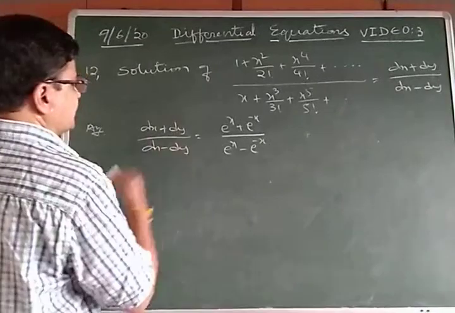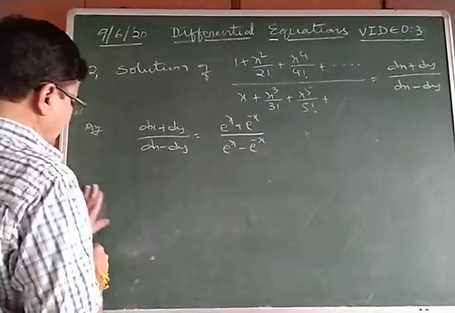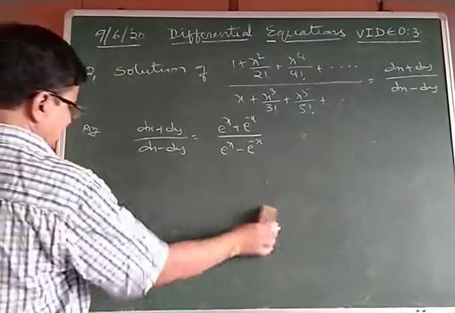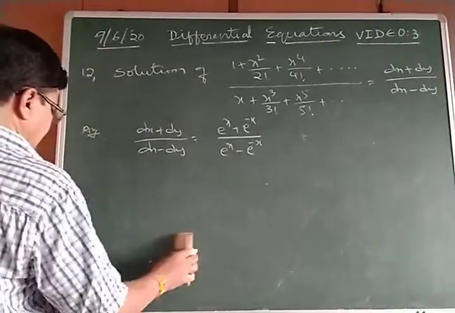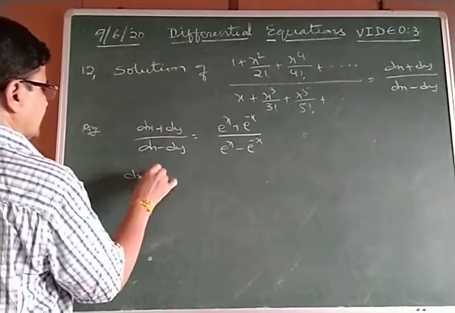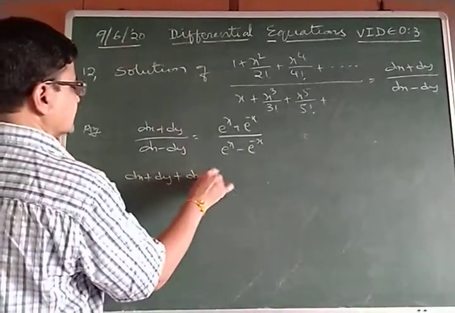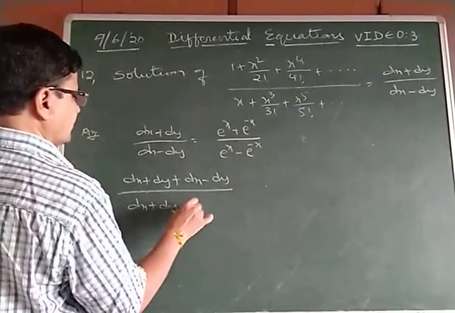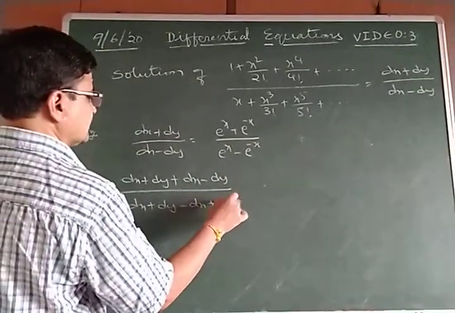So this can be solved by using componendo and dividendo. Componendo and dividendo means (numerator plus denominator) by (numerator minus denominator). So (dx plus dy plus dx minus dy) by (dx plus dy minus dx plus dy).